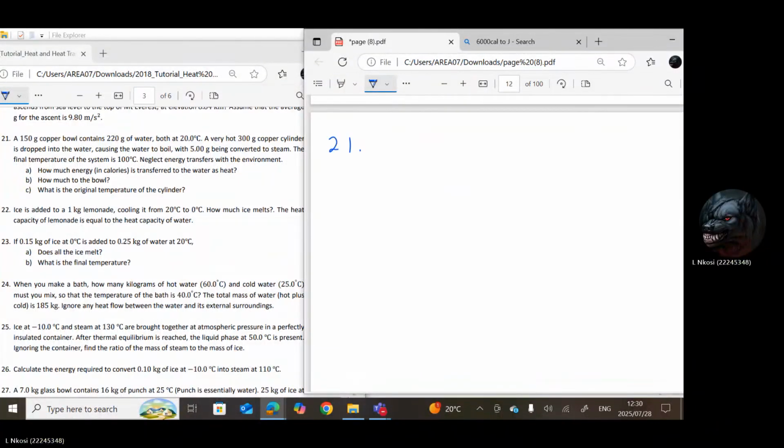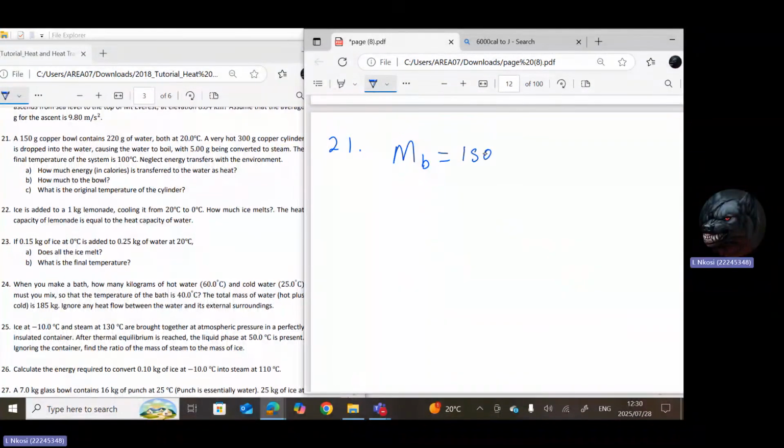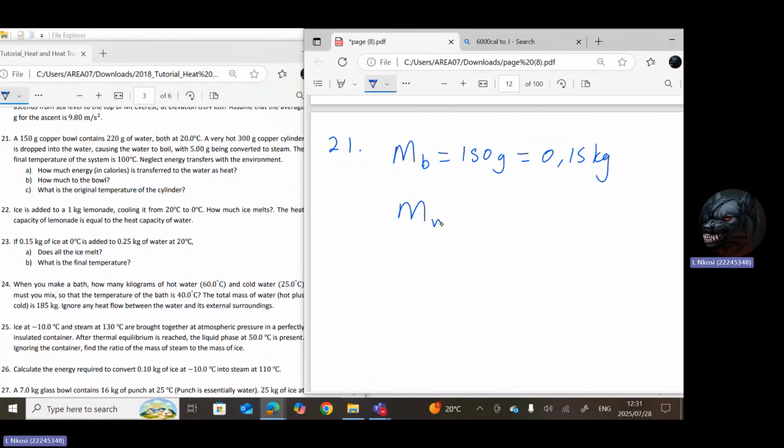A 150 gram copper bowl contains 220 grams of water. So the mass of the bowl is 150 grams, which is 0.15 kilogram, and it contains 220 grams of water, which is 0.22 kilogram.